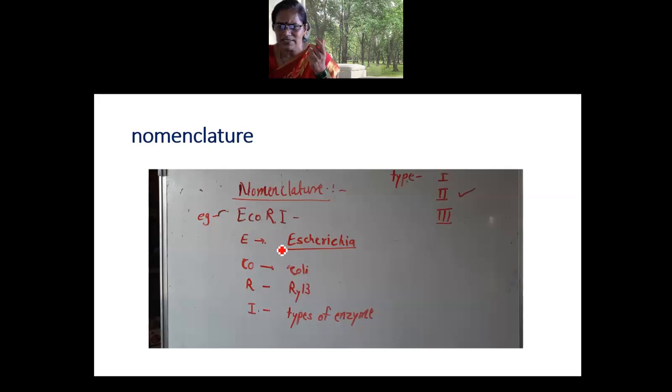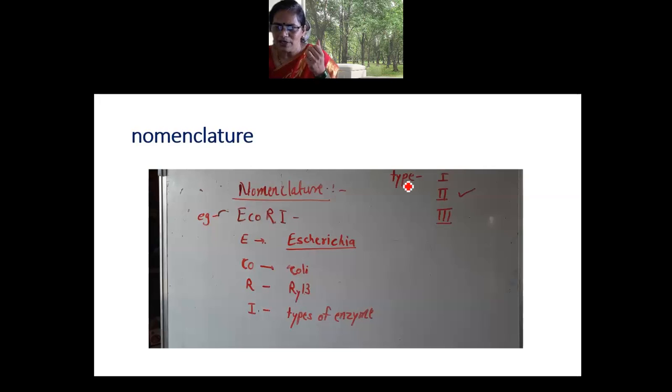E stands for Escherichia, the first letter of the genus. Co stands for the first two letters of the species: coli is the species and Escherichia is the genus. R stands for the strain RY13, and the numeral stands for the order in which the enzyme was discovered.